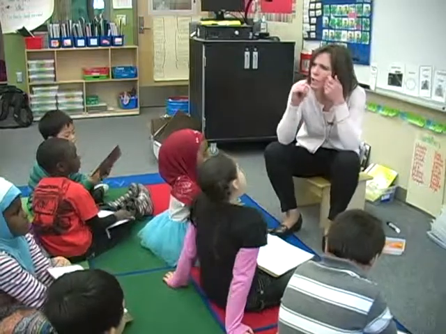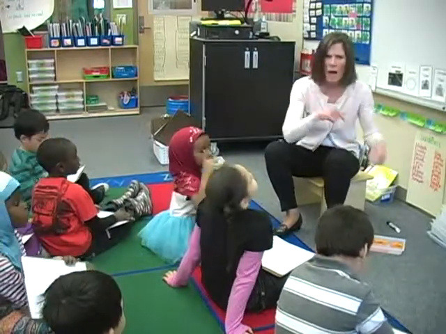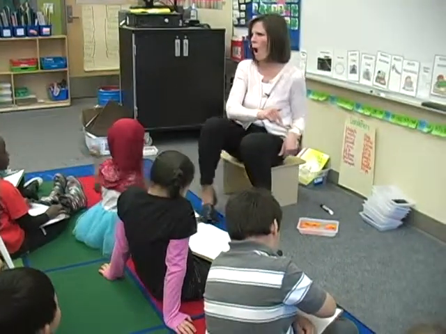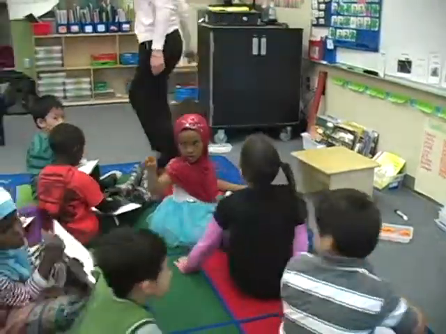So my question to you and your partner is, I'm going to give you blocks in a minute. How many blocks should you take out and why? Turn and talk.